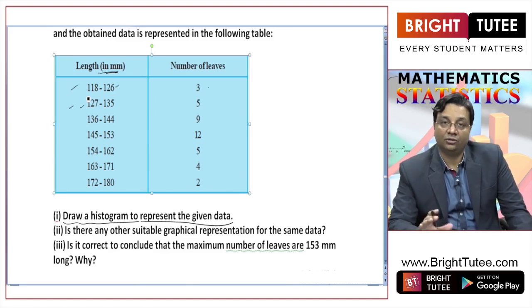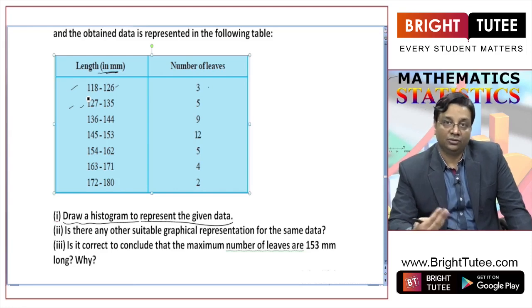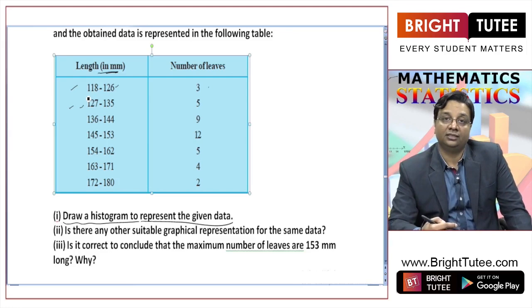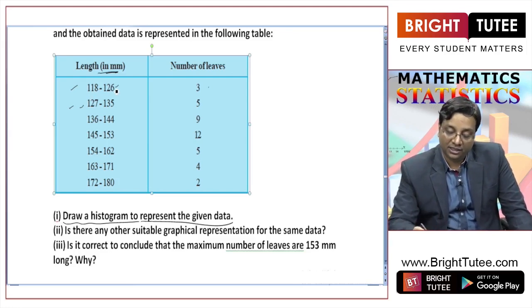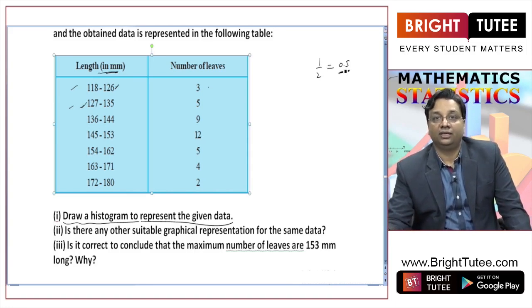And how do we make it continuous? How do we make an inclusive class interval into an exclusive class interval, or a discontinuous class interval into a continuous class interval? We see the gap between 126 and 127, there is a gap of 1. We divide that gap by 2, so it is 0.5. We subtract it from the lower limit and add it to the upper limit.